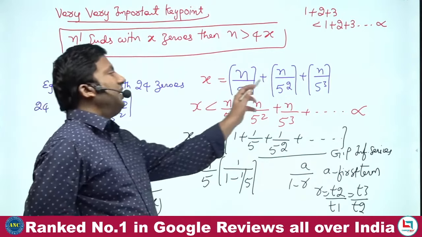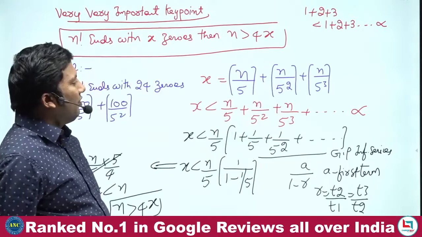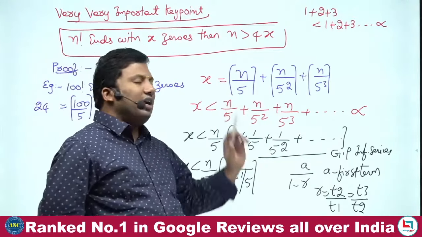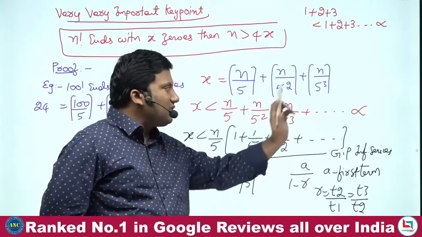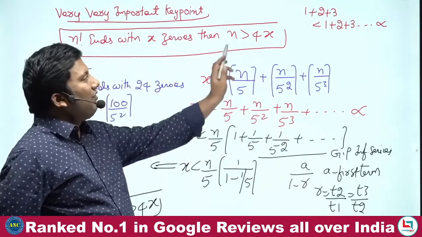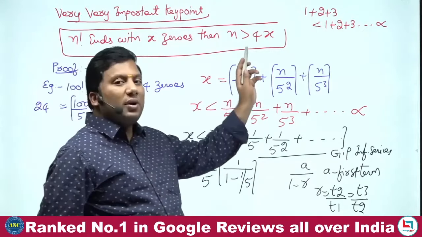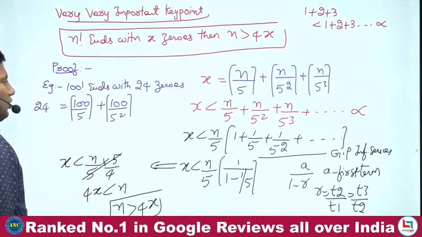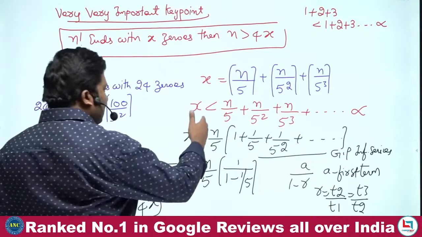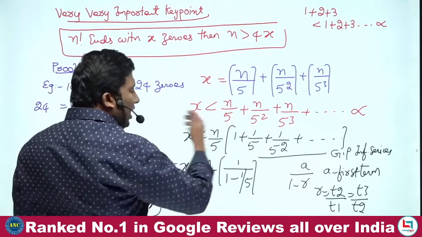It is a finite series. It will stop at a point depending upon the value of n. If n is 20, it will stop at n by 5. If n is 200, it will stop at n by 5 cube. A finite series is always less than an infinite series. x is less than n by 5 times 1 plus 1 by 5, 1 by 5 square and so on.